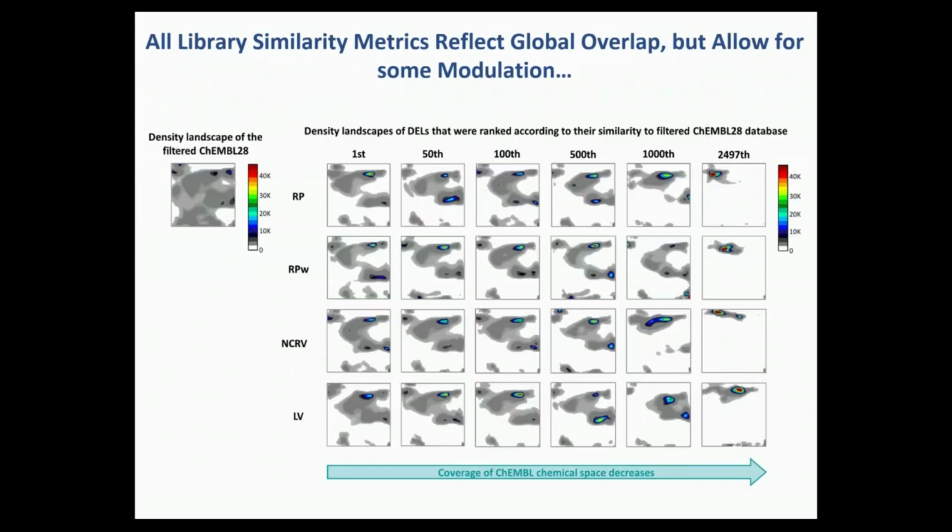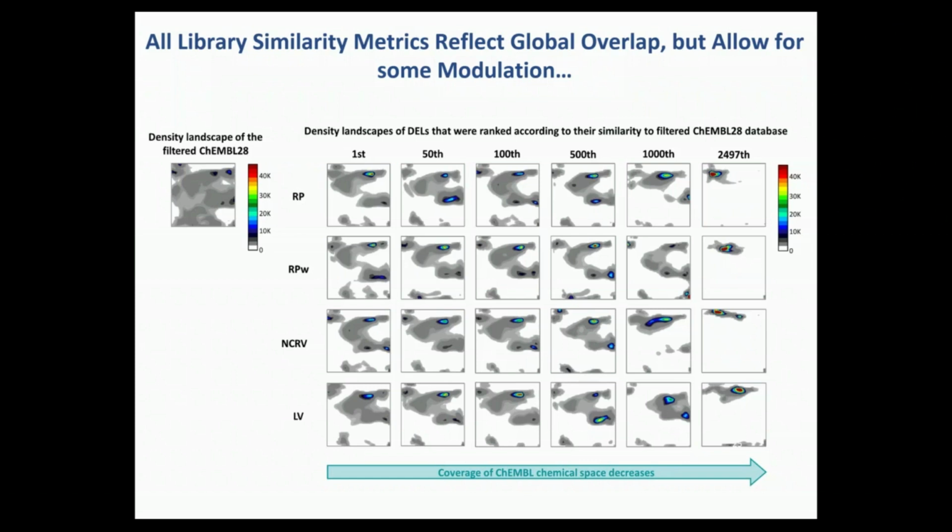So we just explicitated the products in those DELs, not all, just enough to obtain some representative density landscapes, and then we ranked these DELs by overlap to the Campbell density landscape. And of course, you can do it as I told you. There's various metrics here. There's various vectors. This is responsibility pattern based, with or without weighting.